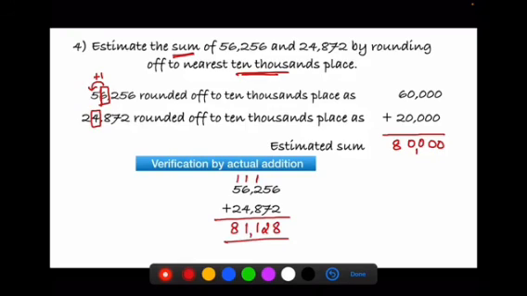So 81,128 is what we get when we actually add the numbers as they are without estimating. But when we round them off and then add, we get the sum as 80,000. Shall we move on, children?